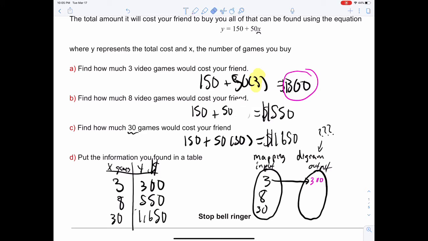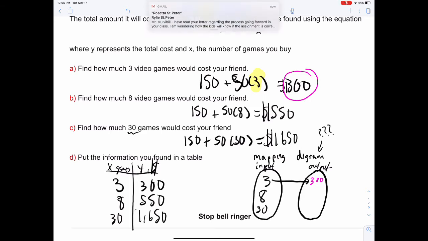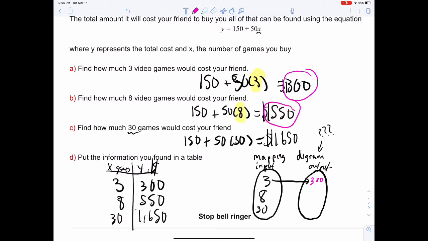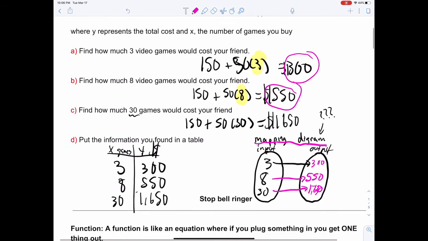When we put in 8, we got out 550. And then lastly, 30 gave us 1,650. So this is a mapping diagram, just another way to represent information. All right, so you got that on your paper?